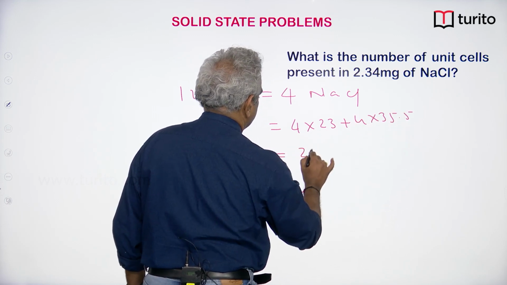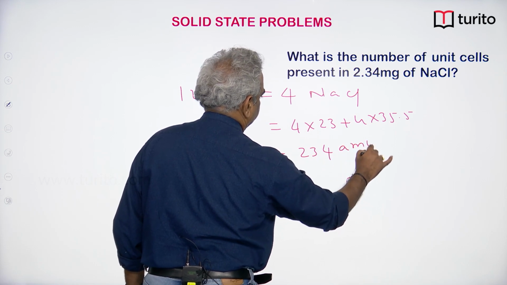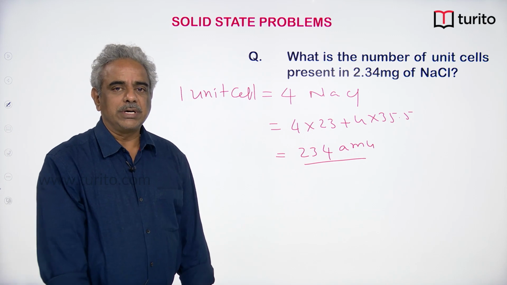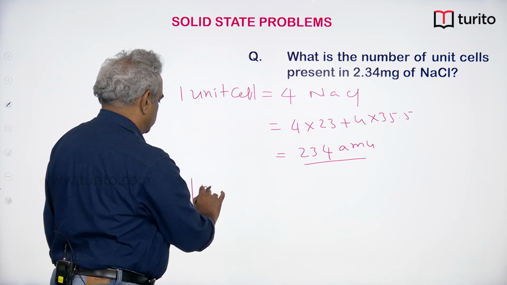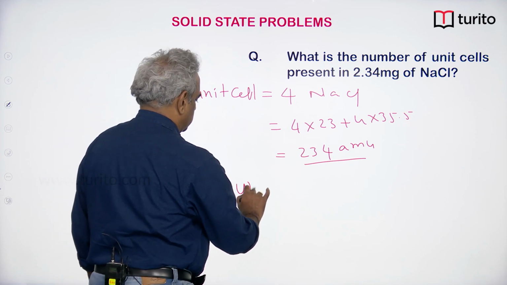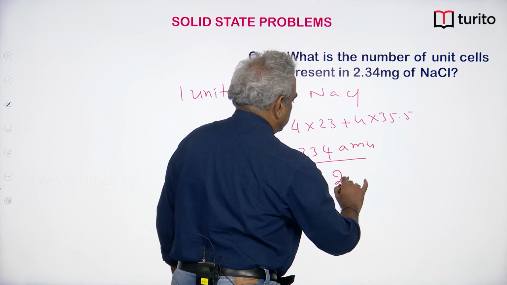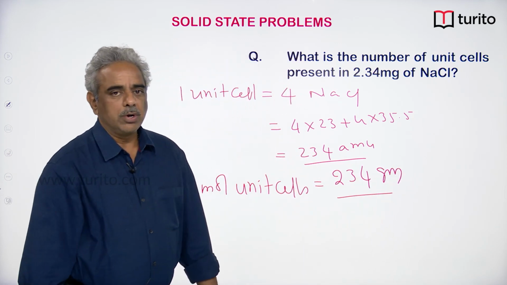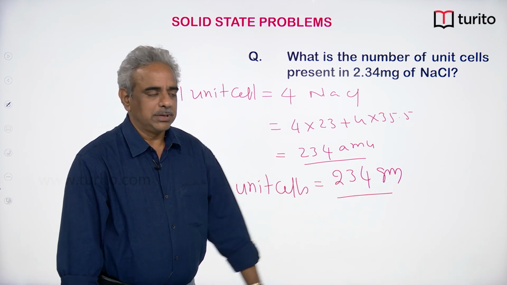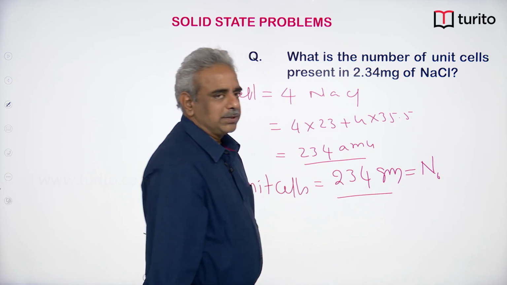So, we have got 234 AMU. So, that is the mass of one unit cell of sodium chloride. So, if you take 1 mole of unit cells, it would have 234 grams. So, we know that 234 grams means Avogadro number of unit cells.